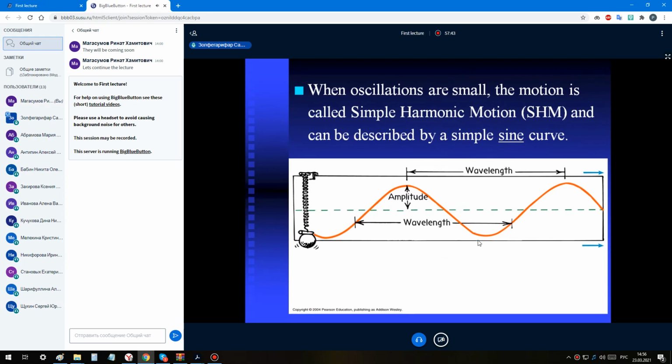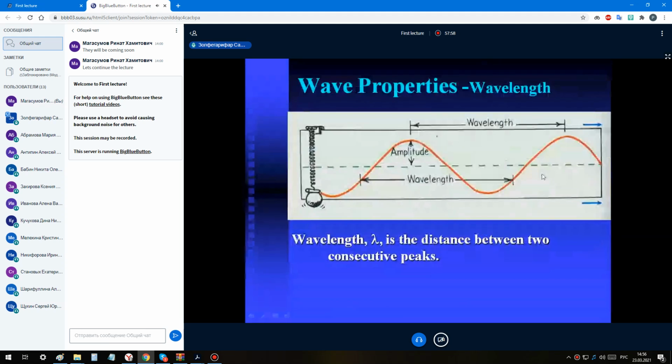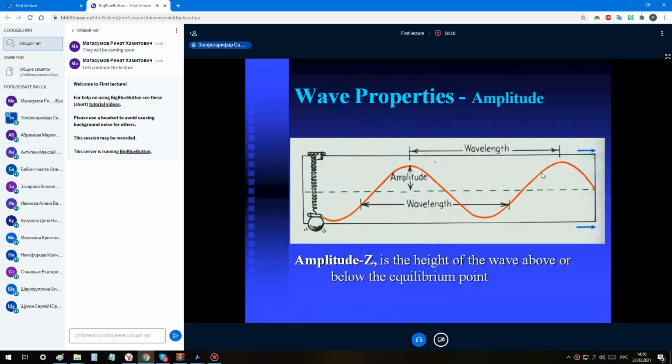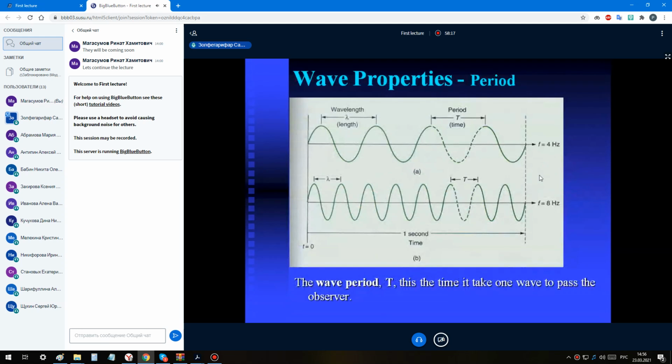Amplitude is the height of the wave above or below the equilibrium point, as shown in this schematic shape.